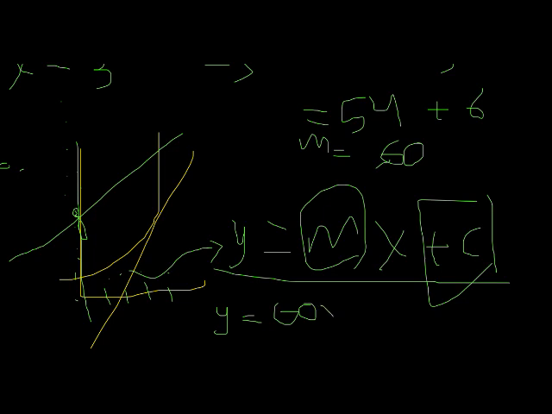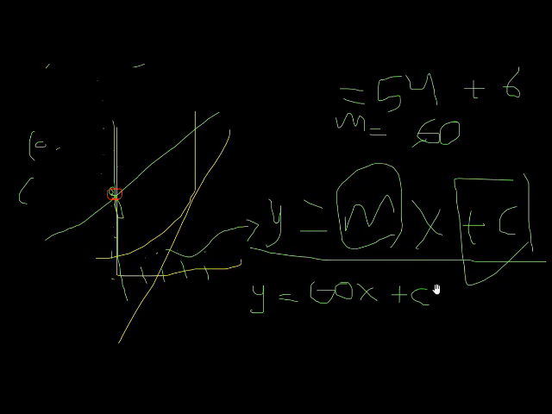And x, so the equation should be something like 60x plus c. Now we'll choose a certain coordinate on this same graph, where we will get one value for y and one value for x. Here x is equal to 3.